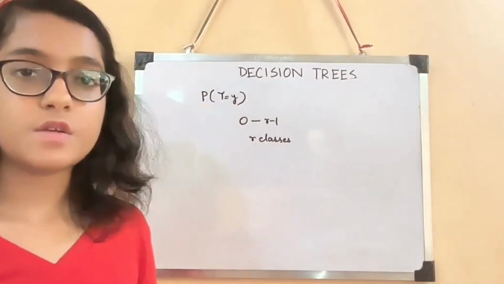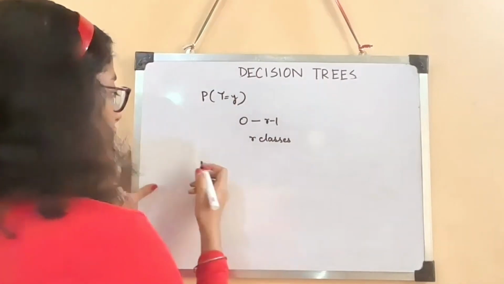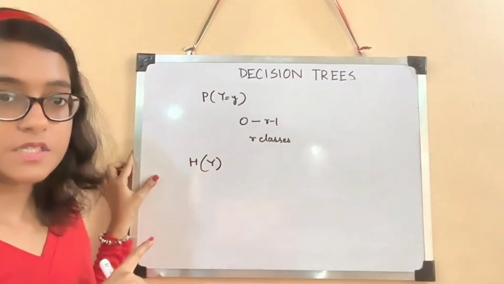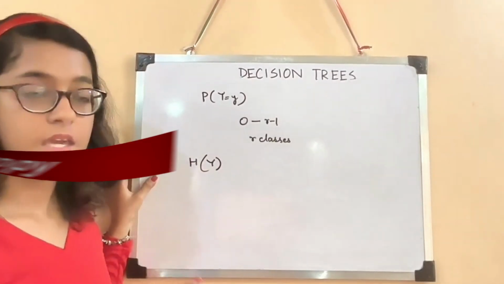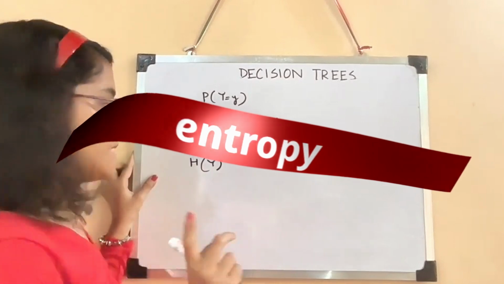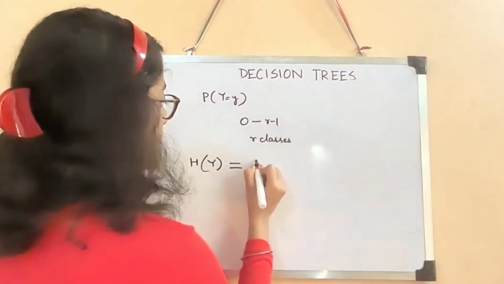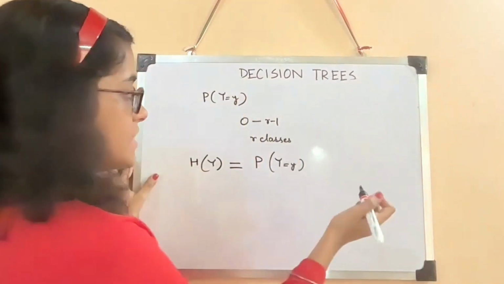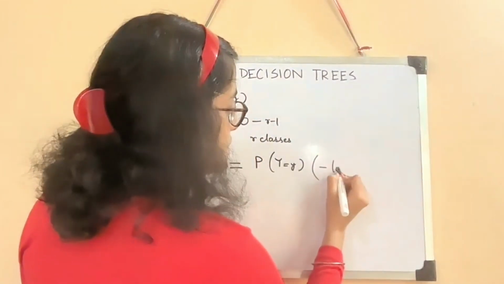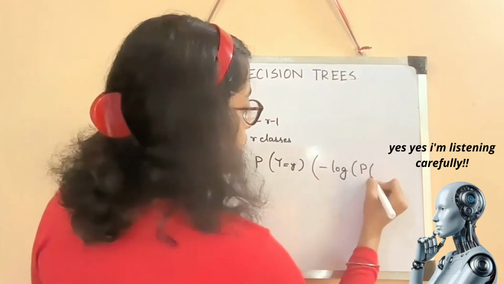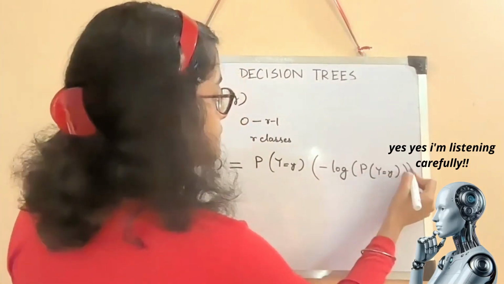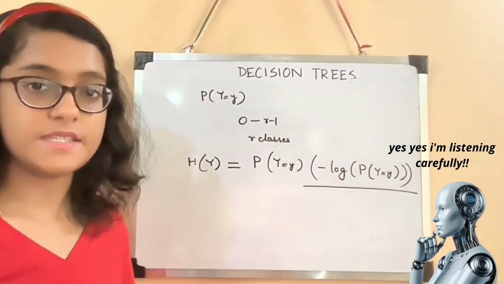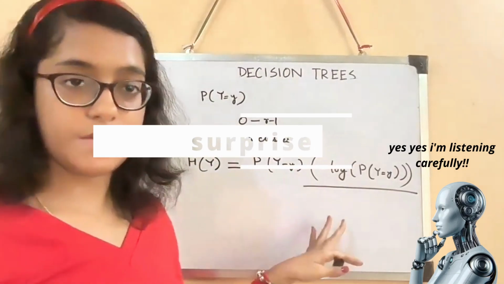Now that we know this, the next thing that comes is H of y. This is a very important term that we are going to use. This is entropy. Why we are doing that, I'll get to it in a bit. So H of y is the probability of y equal y, the term I just mentioned. Now, very carefully, listen: log of the probability of y equal y. So what is this? This is the surprise associated with all the data points.